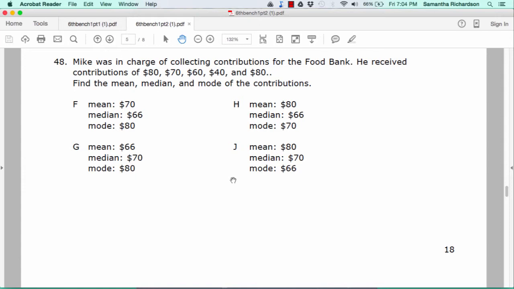G. Mean $66, median $70, mode $80. H. Mean $80, median $66, mode $70. J. Mean $80, median $70, mode $66.